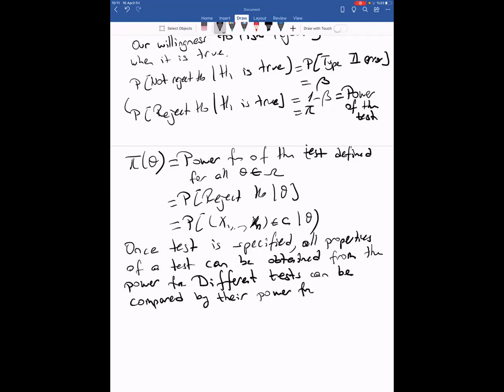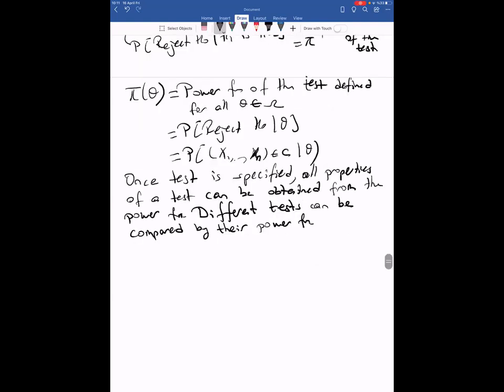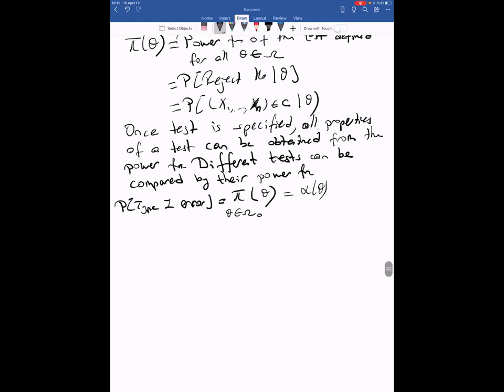So the probability of type 1 error basically can be defined by the power function where our theta is in the null space. In our test, we want to control the value of this alpha probability under the null space.